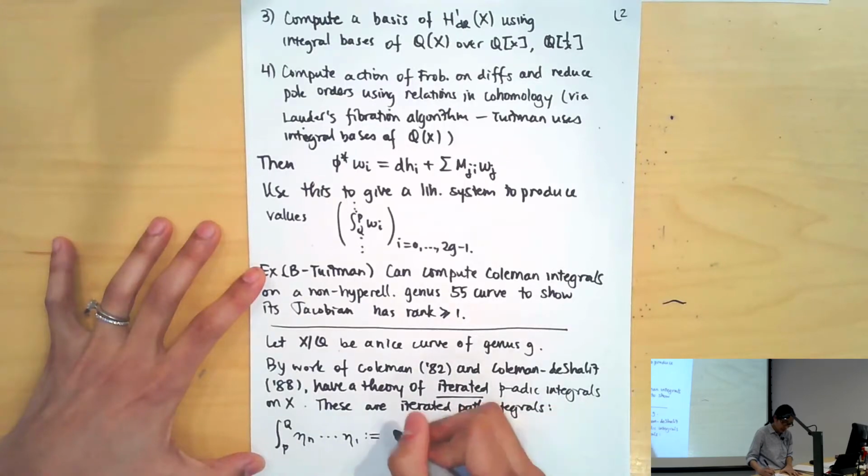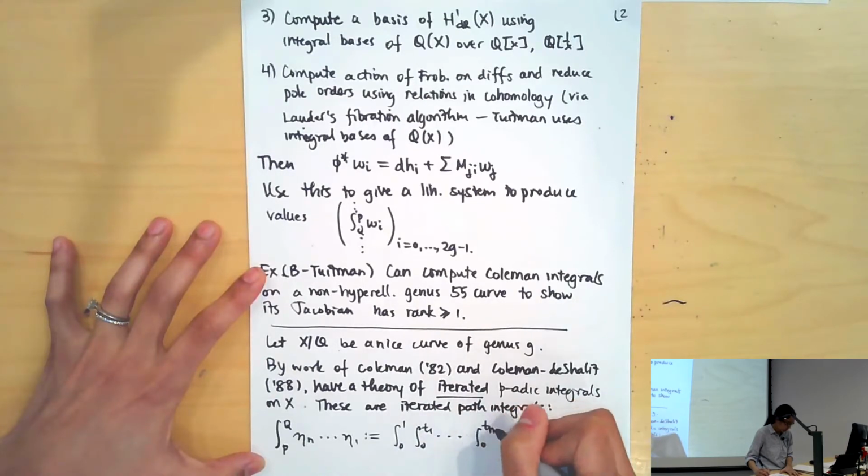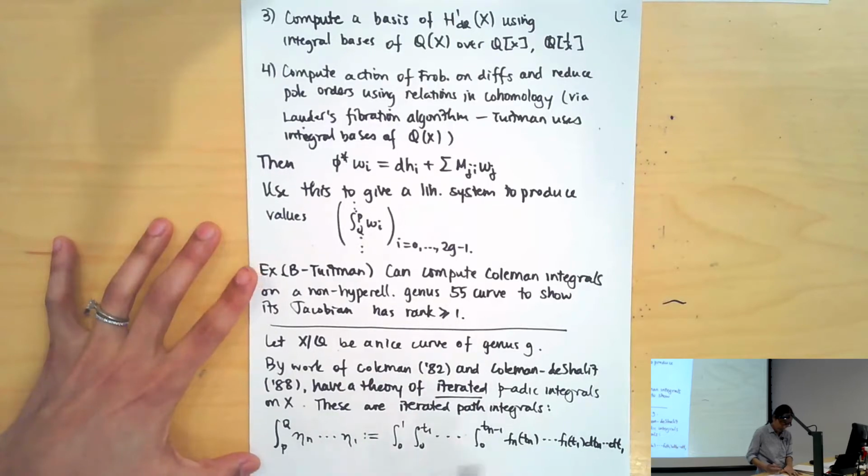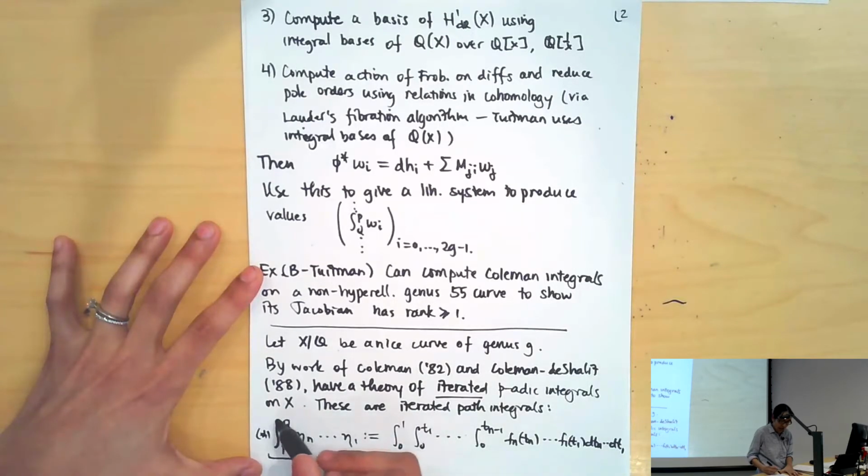What this means is I'm iteratively integrating, using some dummy variables, and rewriting each of the differentials like so. And these are the p-adic analogs of the iterated integrals of Chen. Typically, when I write an n-fold iterated integral, there are a number of integrations happening along the way, but I'll typically just suppress those integrations and use one integration symbol.